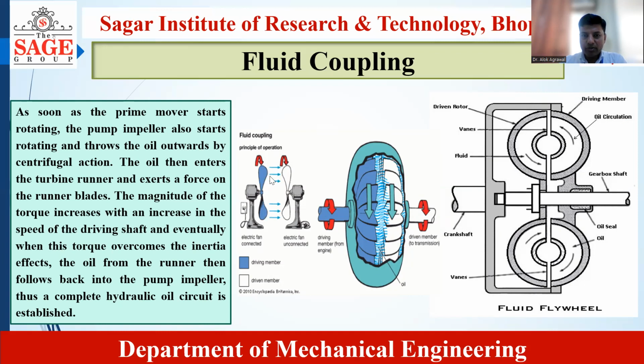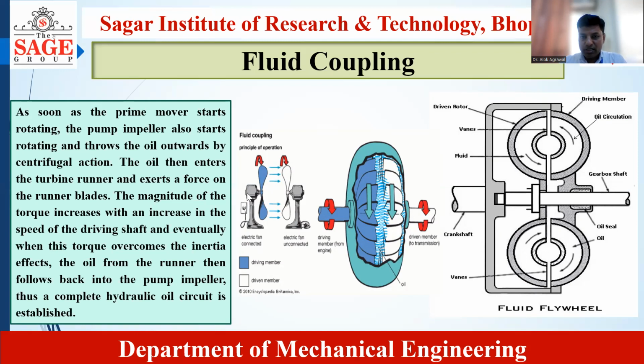This air strikes the blades of the fan which we have not supplied with power. After some time, we see that this blade also starts rotating. This is how the power is transmitted from this shaft to this shaft with the help of a fluid, that is air. On the same principle, our fluid coupling works.